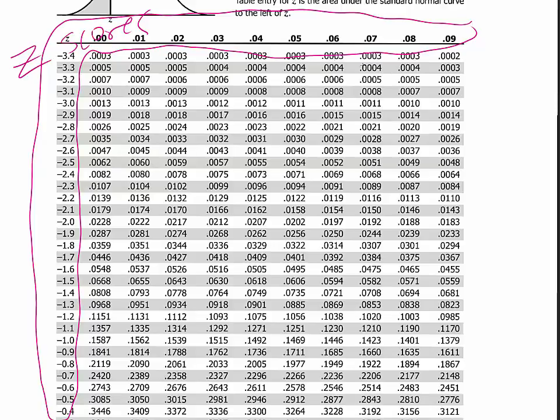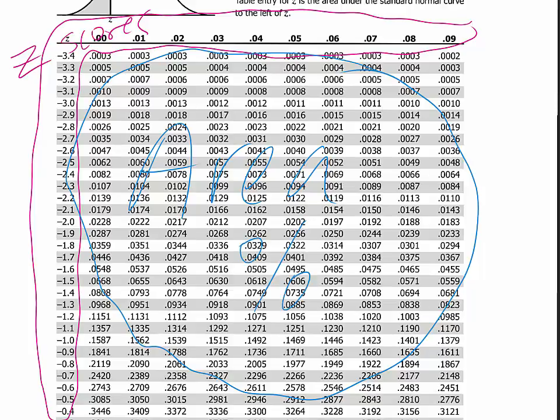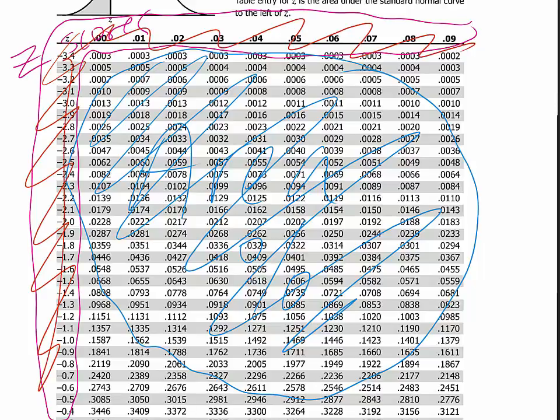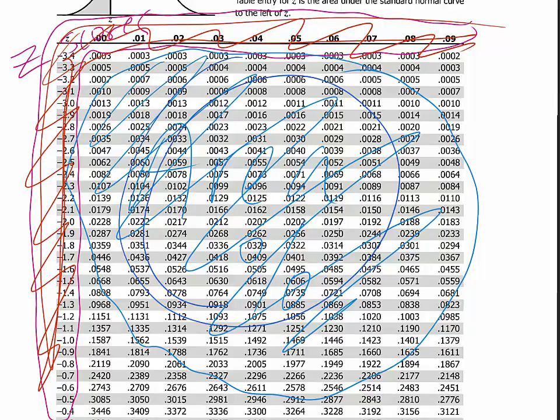Everything else, everything in the middle, all of this is the area, or you could also think of it as percentage. So if you are given the area, you will look in here. If you are given the z-score, you will look out here. So based on what you are given, you know to either work on the border or work on the inside. Being able to identify those things is huge.